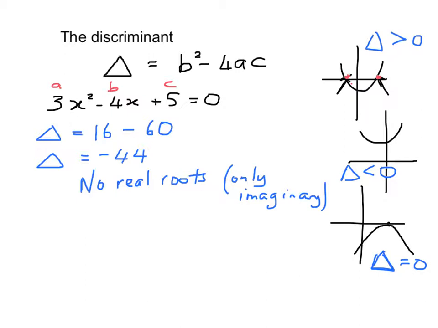Another example. I'll give you some examples. My discriminant worked out to be 49. It has two rational roots. They can be written as fractions because 7 sevens are 49.